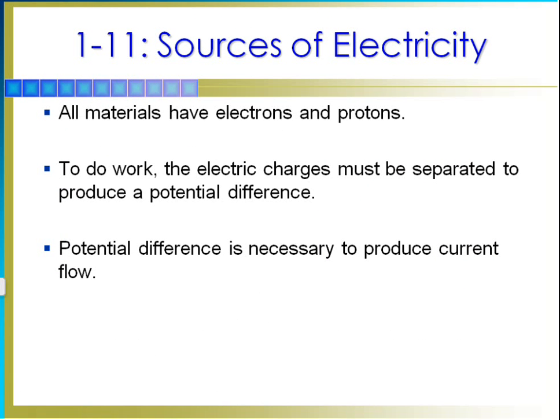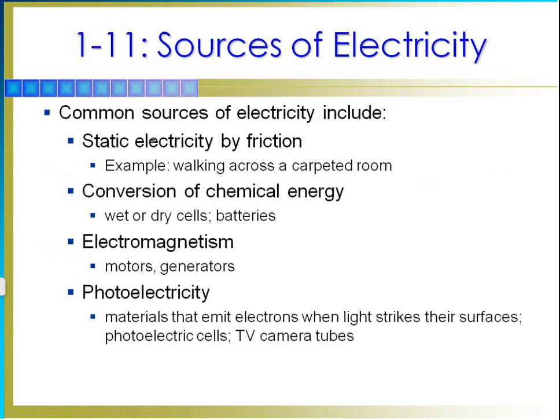All right, sources of electricity. Where do we get electricity? Well, we can separate the electrons and the protons by various means. We can do it mechanically, like a generator does. We can do it chemically, like a battery does.